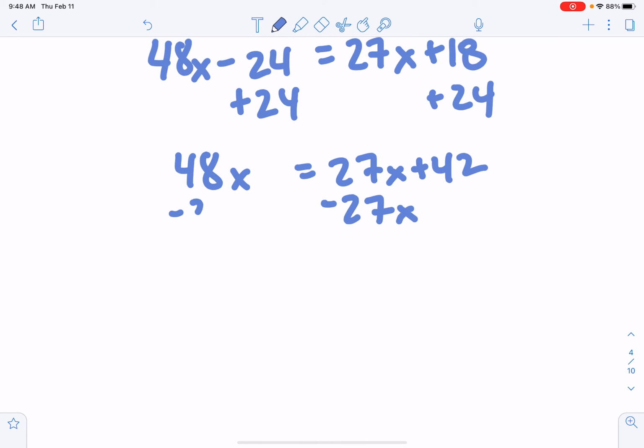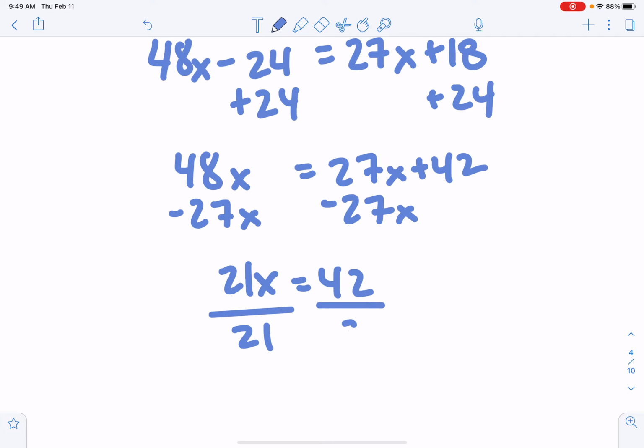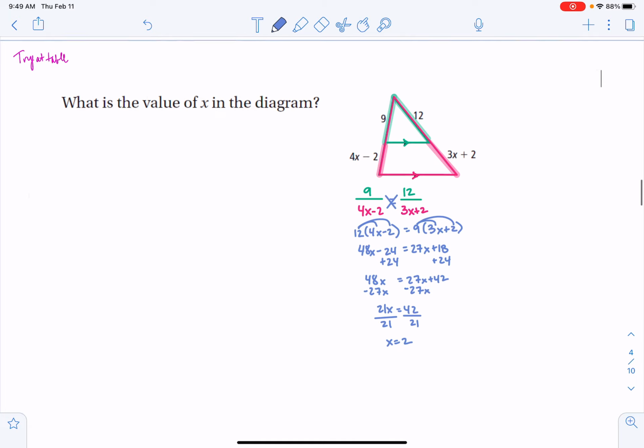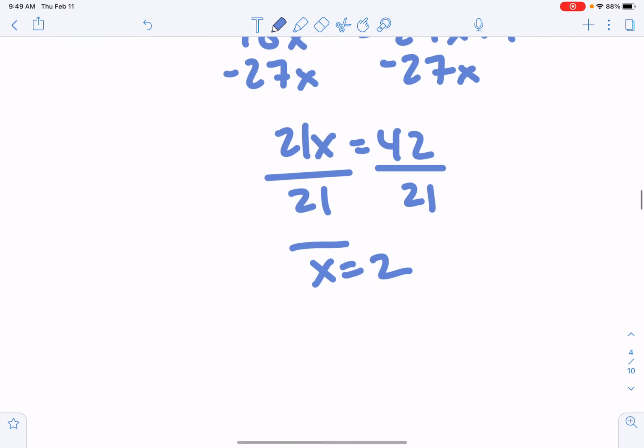Subtract 27x. That gives me, oh gosh, my brain is hurting with all this mental math. 21x equals 42. Divide both sides by 21. And x is 2. And they just asked for x. They didn't ask us to plug it back in. You could plug it back in to just kind of check that the triangles are similar, but this should be your answer.